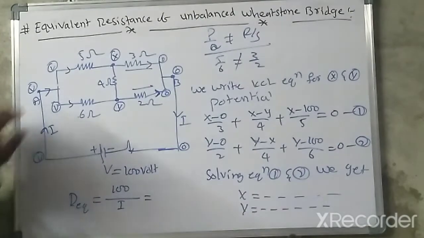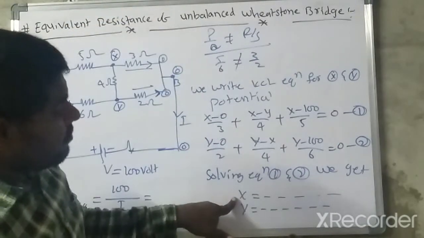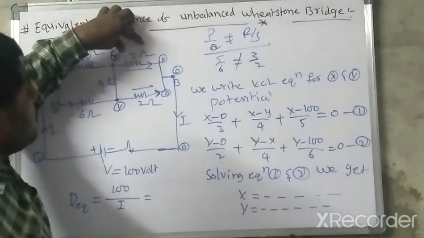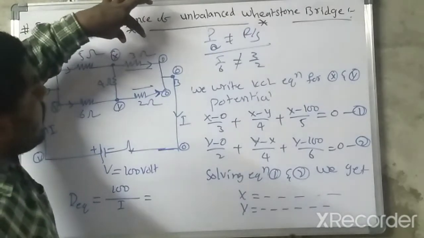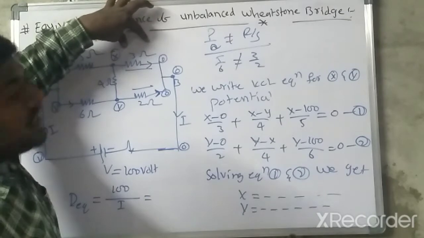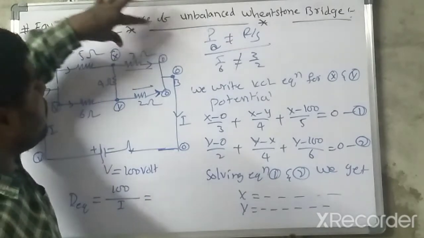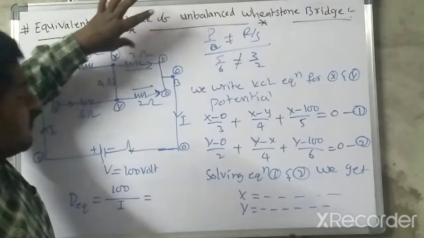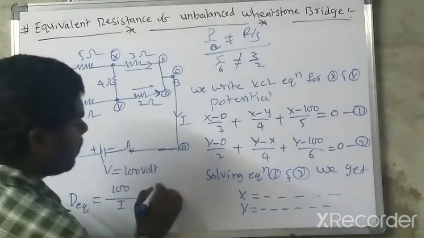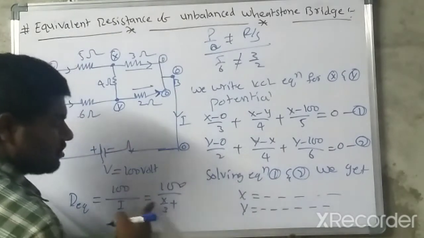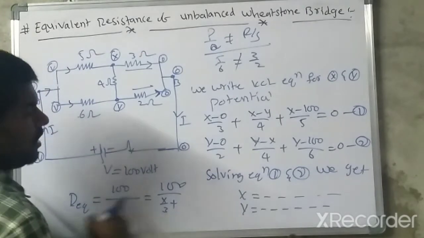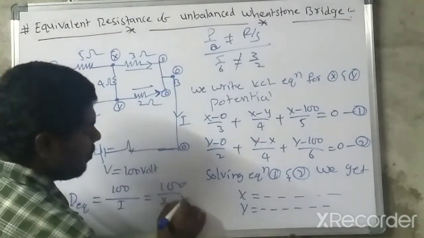How to find this current? From this, we know the X value. Once we know the X value, the current across the 3 ohm resistor is X minus 0 divided by 3. So the current is X by 3, plus Y by 3.